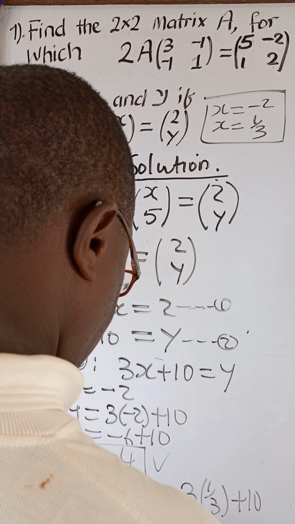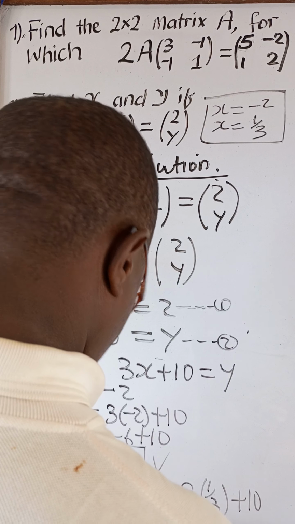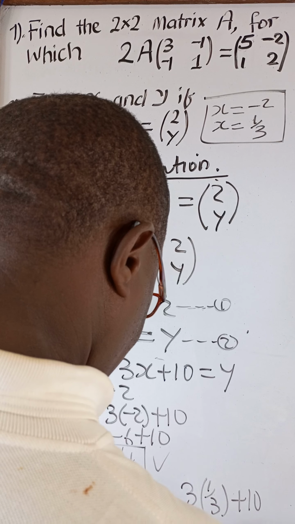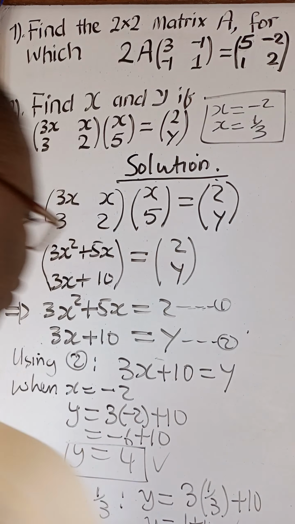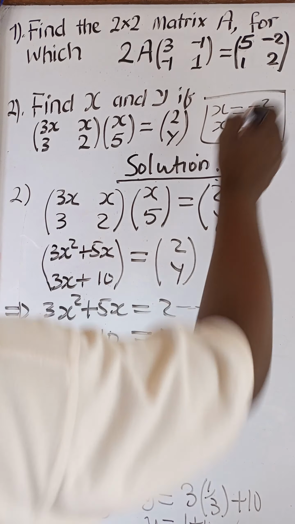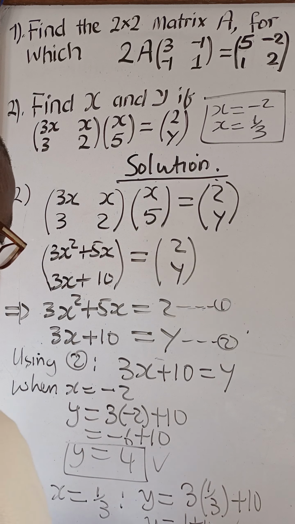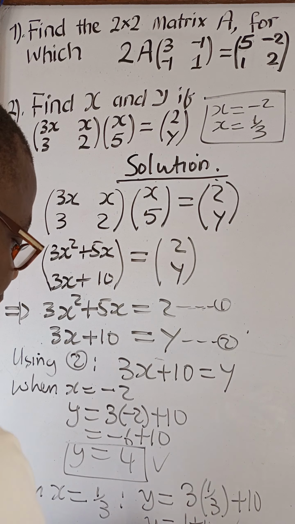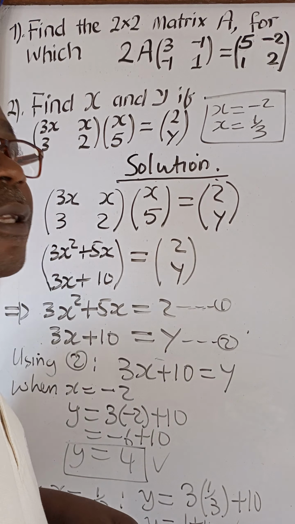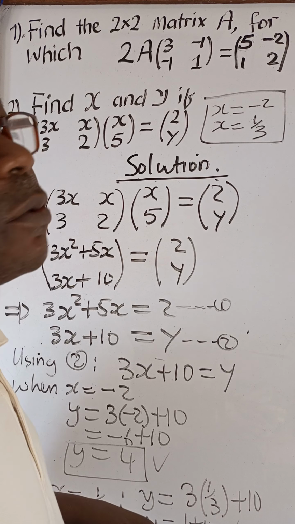The 3 cancels, so we have 1 plus 10. So y is equal to 11. So the two values of x and y are negative 2 for x, 4 for y, and 1/3 for x and 11 for y. This therefore brings to the end the solution of question 2.